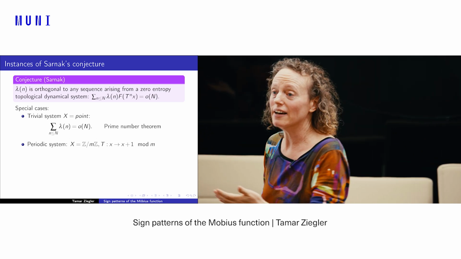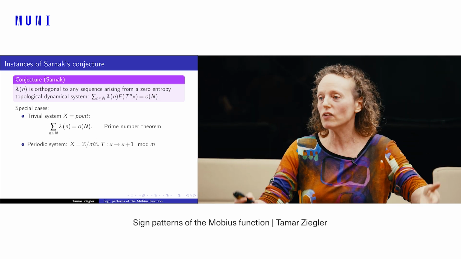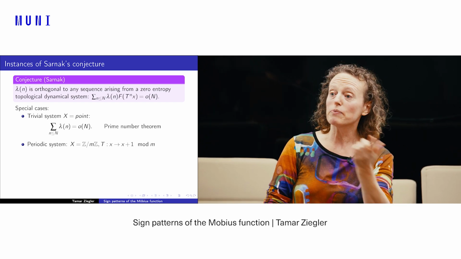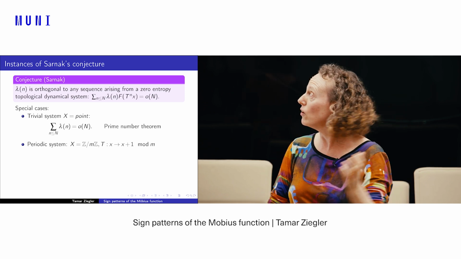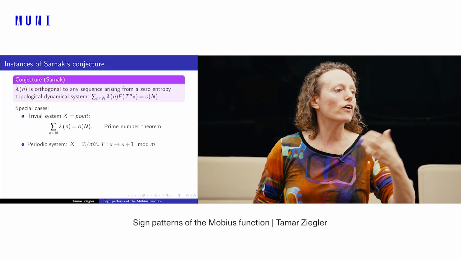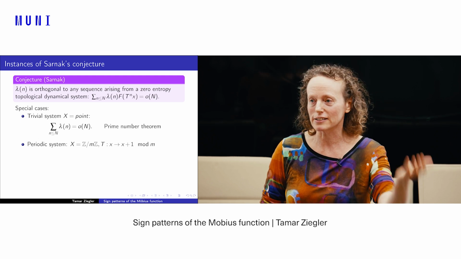So we start with the trivial example, that's okay. Then we go to the next example, which is maybe a periodic system. So like the even odds we had before, or in general, Z mod MZ with +1. So I have a periodic system. And to claim that lambda is orthogonal, what are continuous functions coming from periodic systems? These are just periodic sequences.